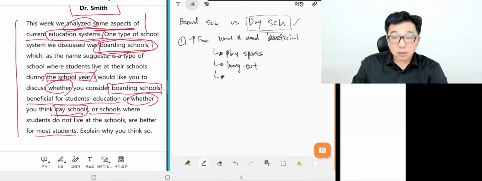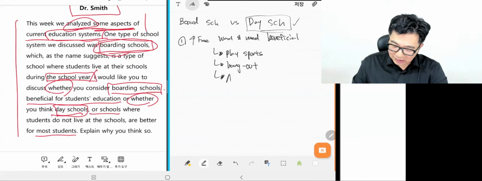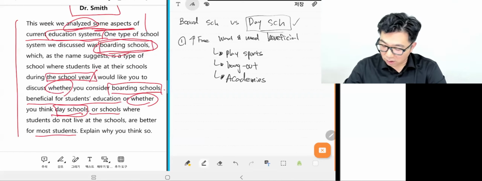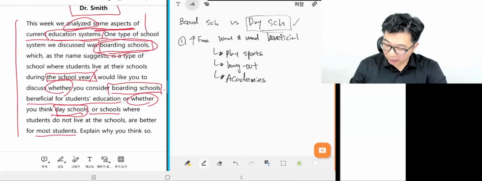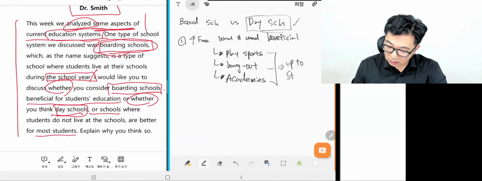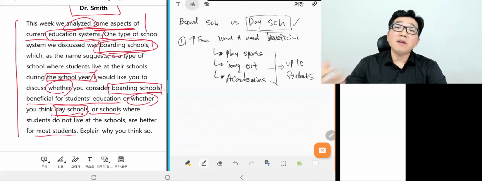Sometimes you can even decide to go to some academies for more chemistry tuition lessons or English lessons, economics, whatever. And this is all up to you. It's up to students to decide. And they can get benefit from that.